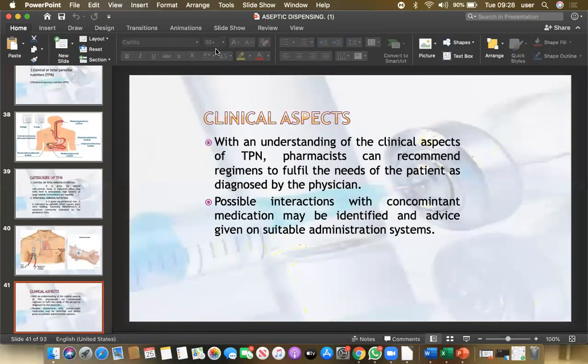As with other medication, various regimens have to be given, and the pharmacist can recommend how the drug is administered over the time interval. Similarly, there can be different interactions between the drugs, so a pharmacist must know what drug interactions are possible during parenteral nutrition administration.